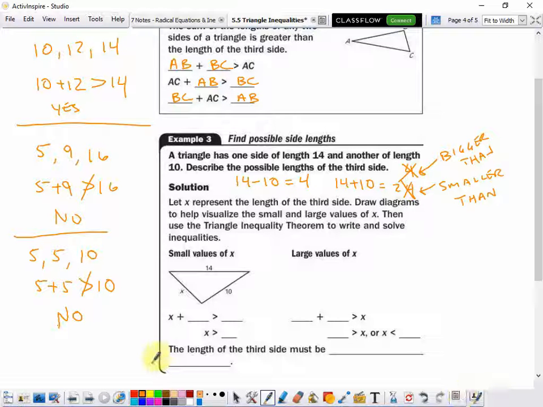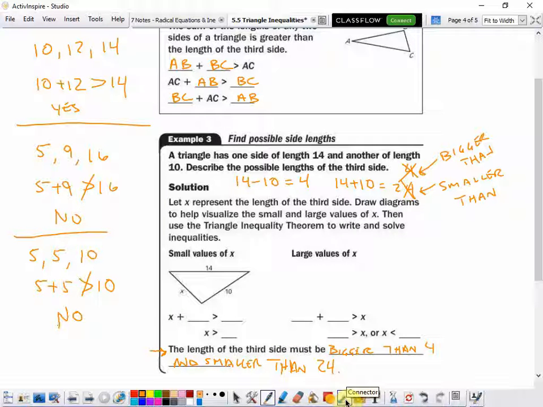So we're going to go right down to this last line here. The length of the third side must be bigger than 4, and smaller than 24.